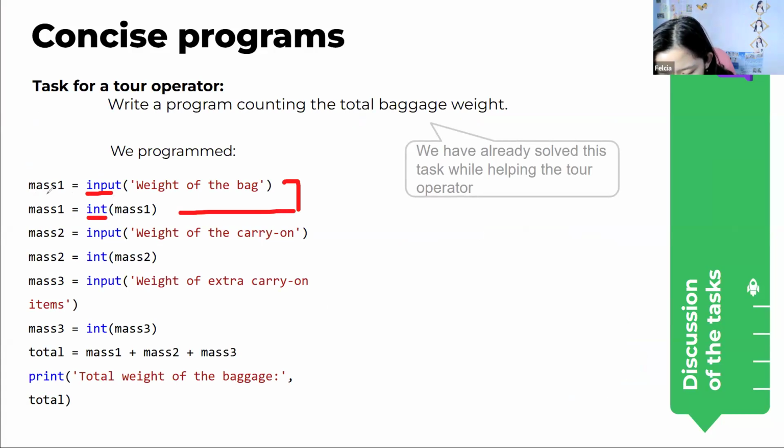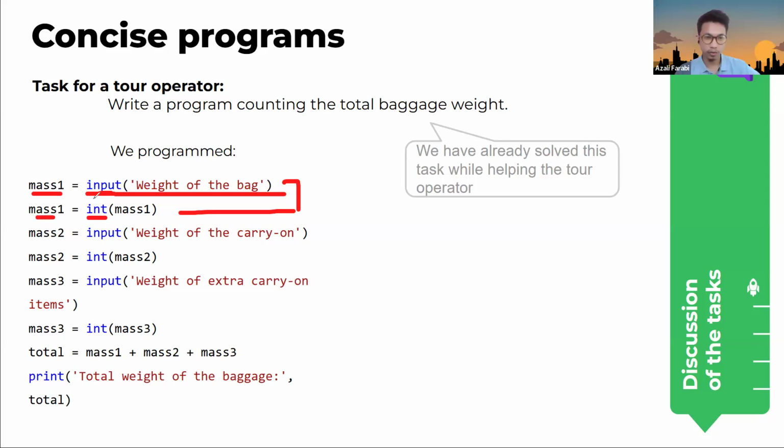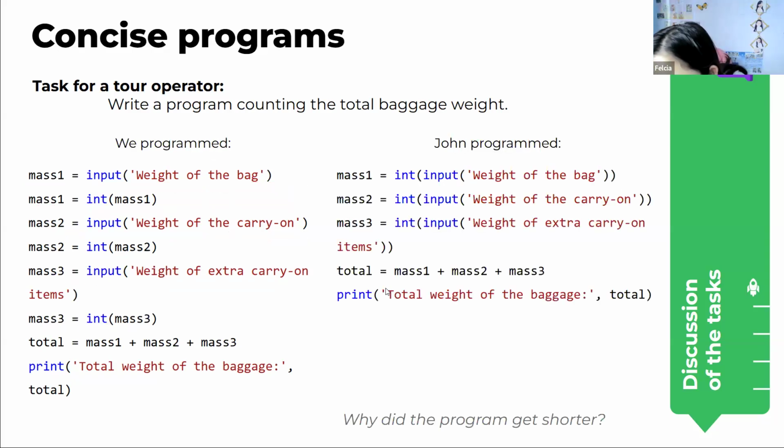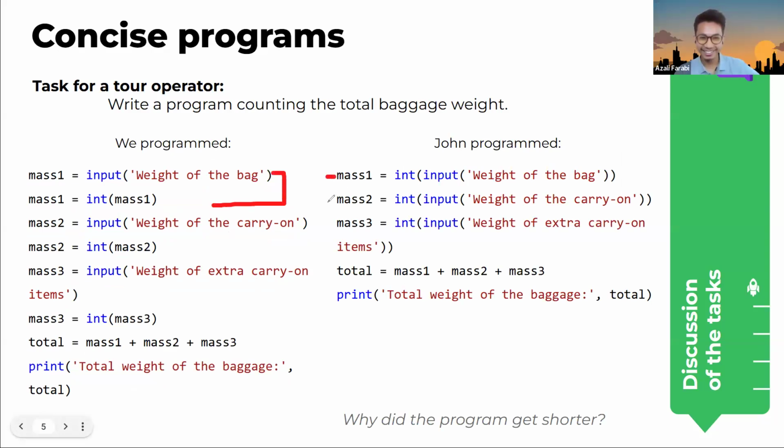So you need to say first mesh1 is equal to input, and then after that you have to change mesh1 into integer data type with this command. It means that it needs two lines. Now with concise code, you can do something like this. Can you see the difference? Yeah. So this is called not concise, and this is concise code.